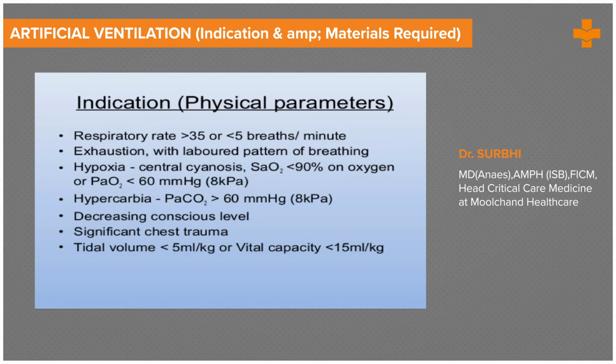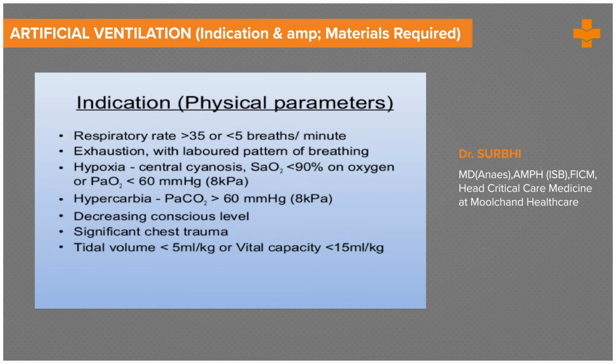What else are the physical parameters which you can easily see as a doctor or an attending nurse which require ventilation? If the patient is having a high respiratory rate, greater than 35, or a very low respiratory rate, or a patient is exhausted, he's no longer able to breathe, or he's having hypoxia, you can actually see a patient turning blue, an SpO2 of less than 90% on high oxygen support, or if you have an ABG, PO2 of less than 60, sometimes requires ventilator support.